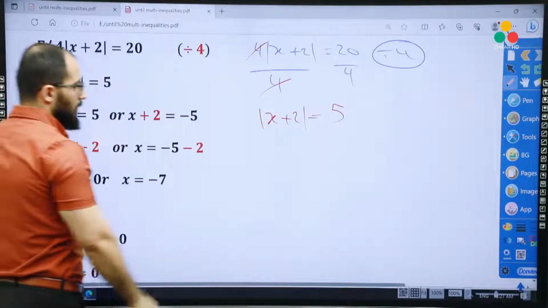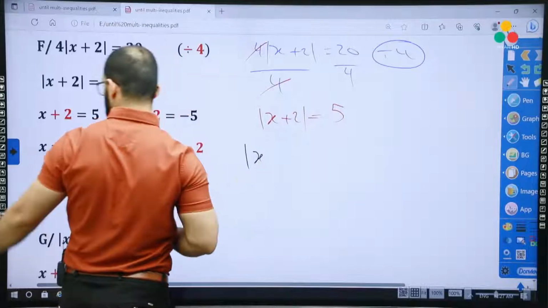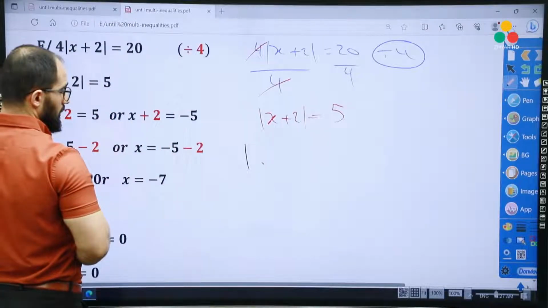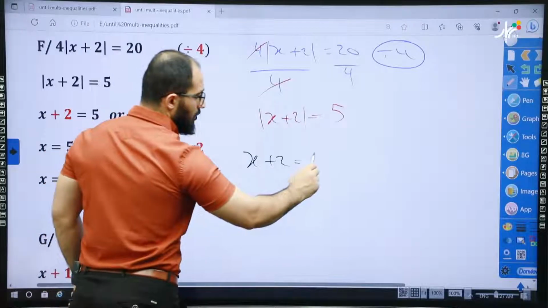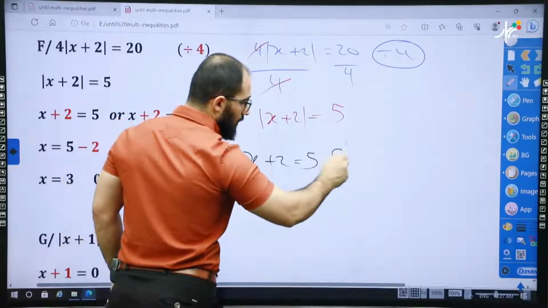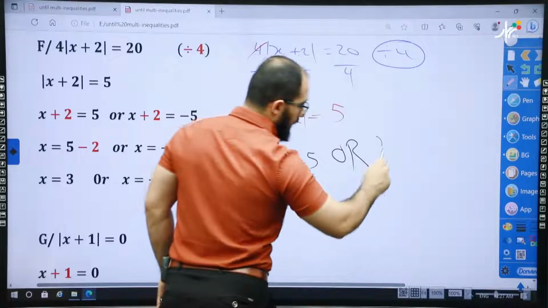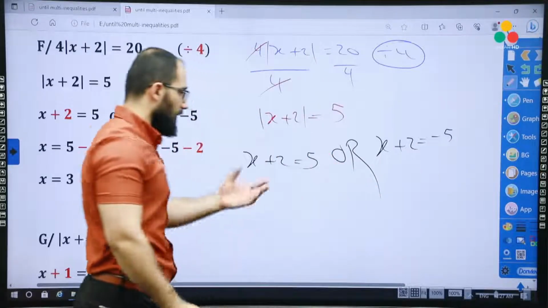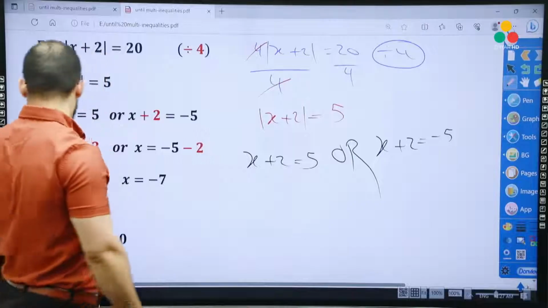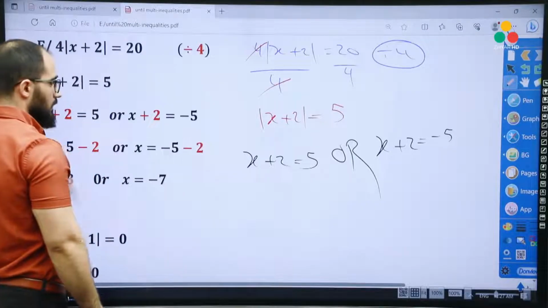Then the next step: x plus 2 is equal to 5 or x plus 2 is equal to negative 5. So we have two equations. We can solve each in one step.